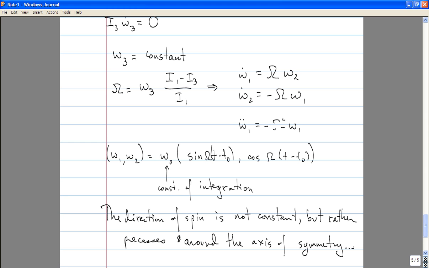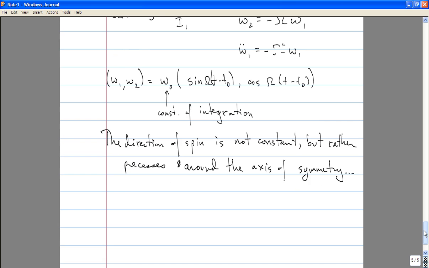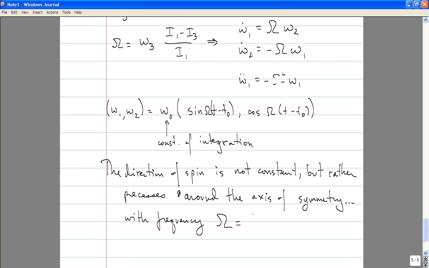And the frequency of this precession is capital omega, which I remind you was given by the ratio I1 minus I3 over I1 times the angular velocity in the direction of the axis of symmetry.